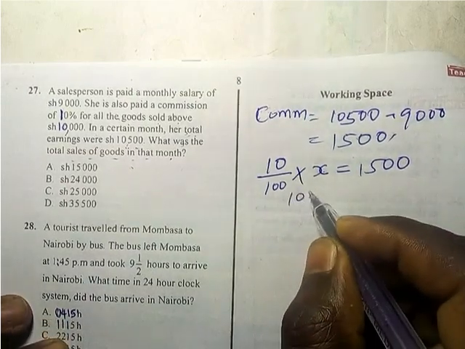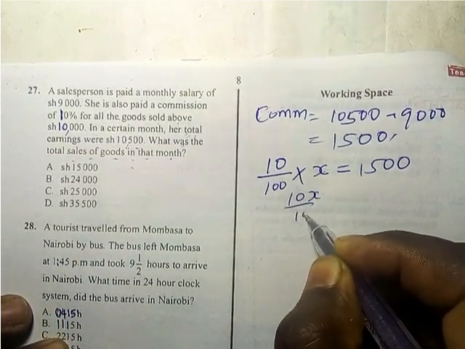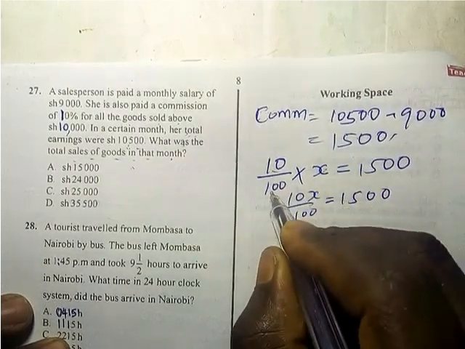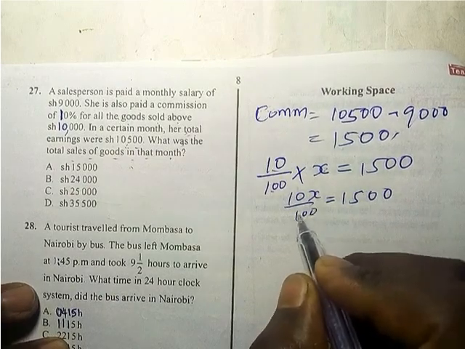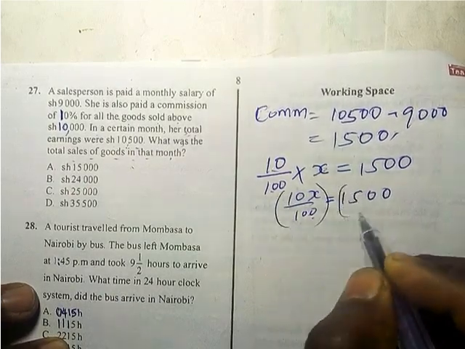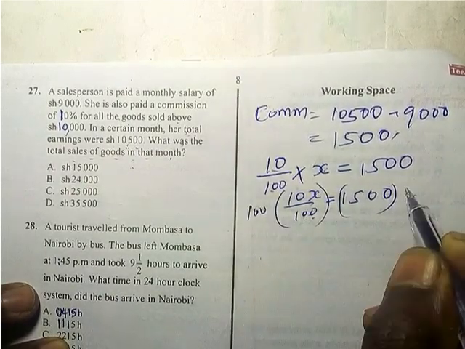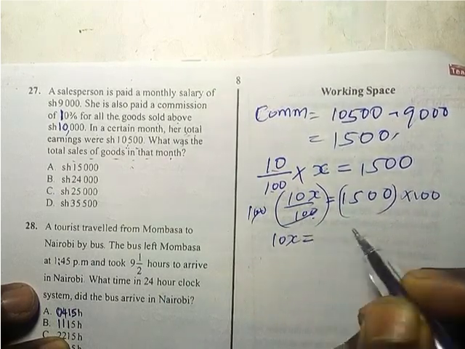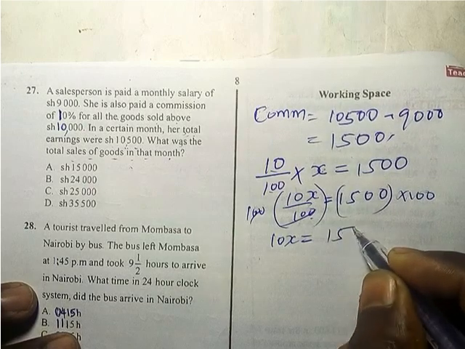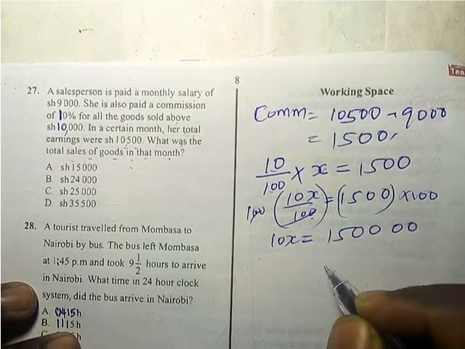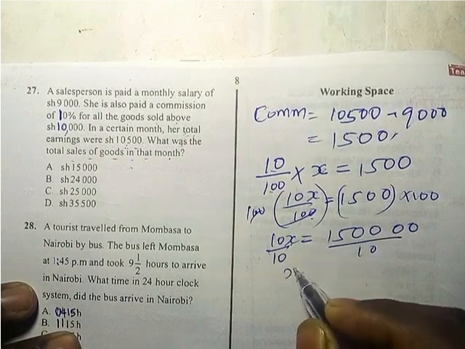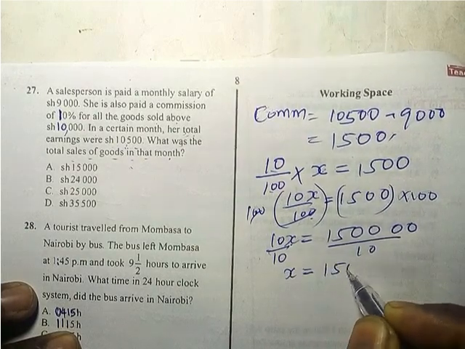So this is 10x over 100 is equal to 1,500. We multiply this times and divide by this. We want to remove this 100 here, so we multiply both sides by 100. So 10x will be 150,000. We want x, so we divide both sides by 10. So x will be 15,000.